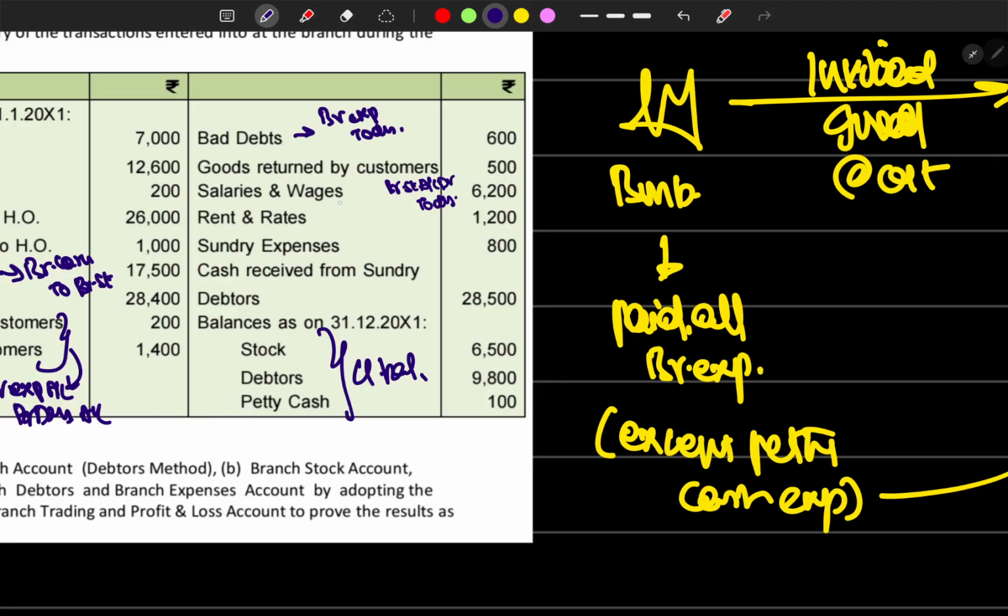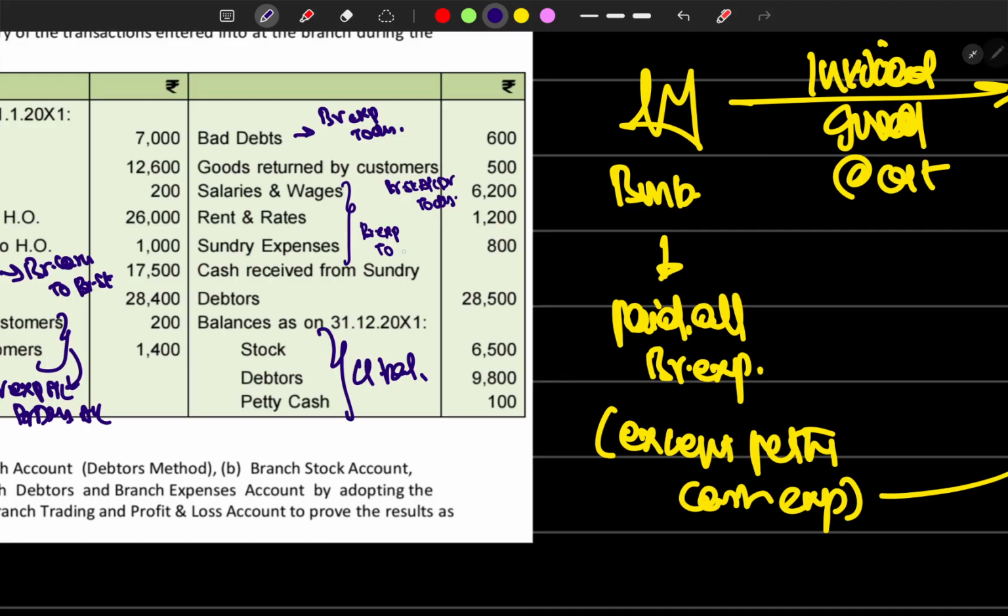Then salaries and wages. These three are expenses. Branch expenses account debit to branch cash account. Sorry, all branch expenses have been paid by the head office, right?